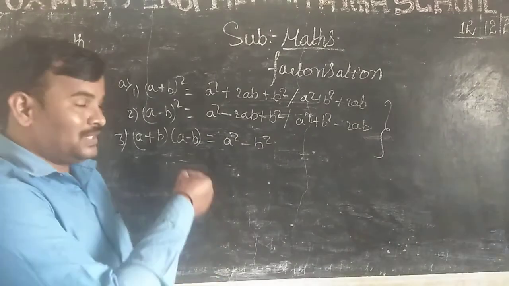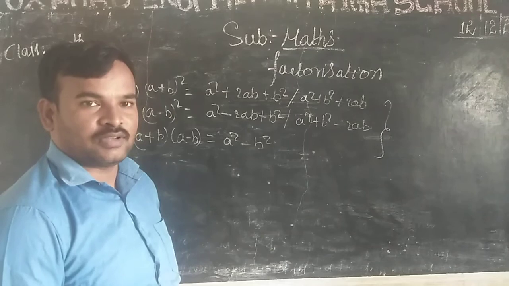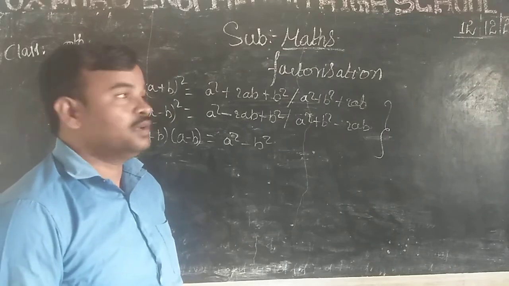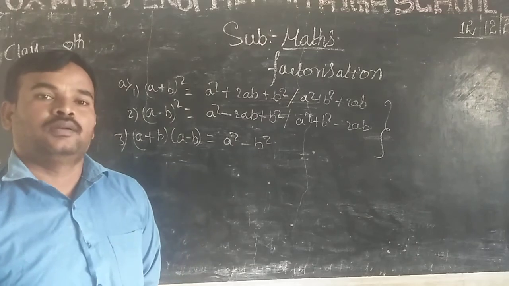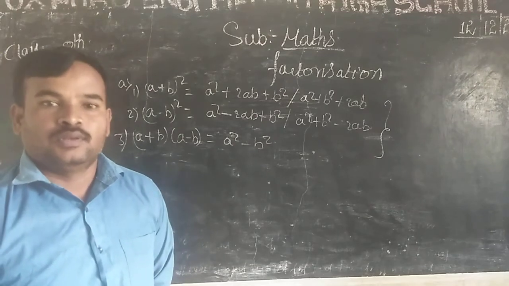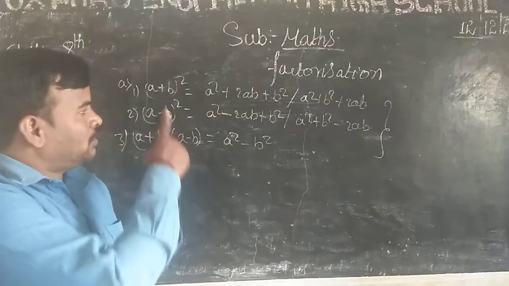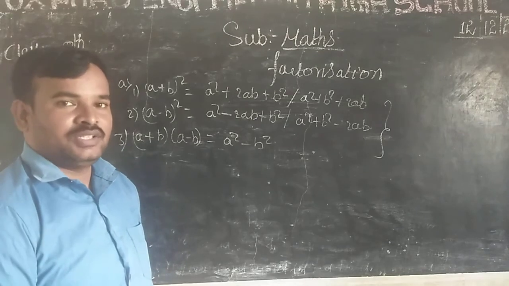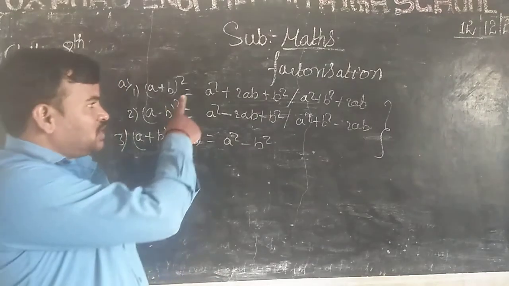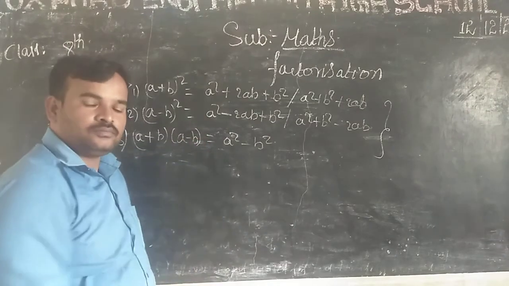So note these three identities in your classwork first, and to solve factorization questions, apply whichever identity is suitable for the given expression. Now you will solve. Okay, so once again listen and write carefully.